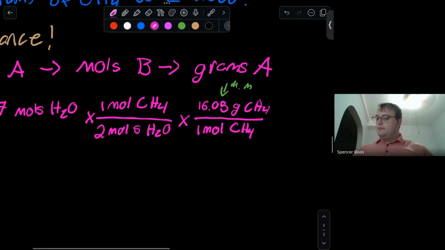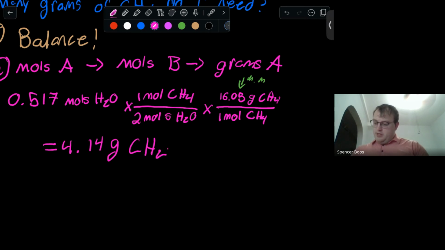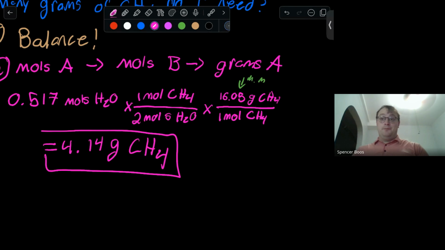Now, we finalize. Again, grab your handy-dandy calculator: 0.517 times 16.05 divided by 2. So this means in order to get 0.517 moles of water, I need 4.14 grams of CH4.